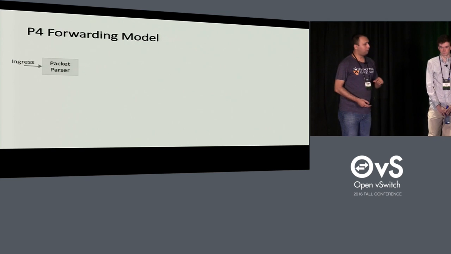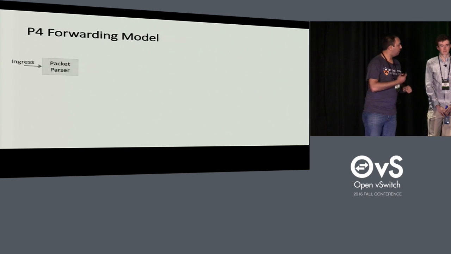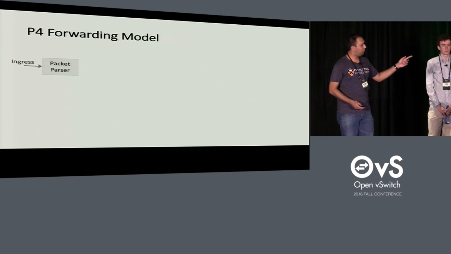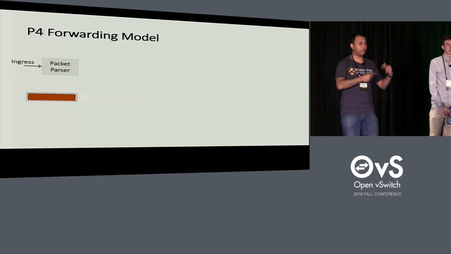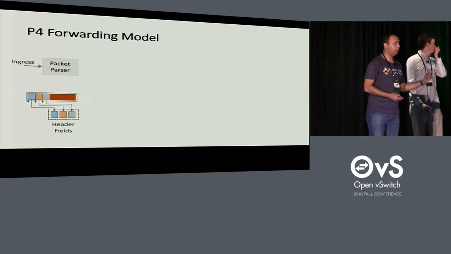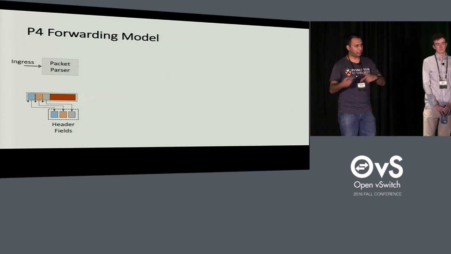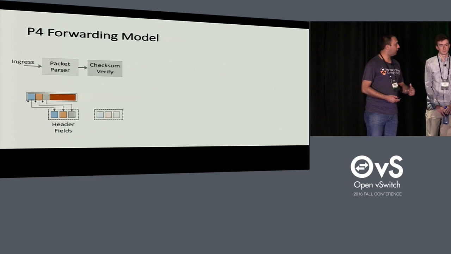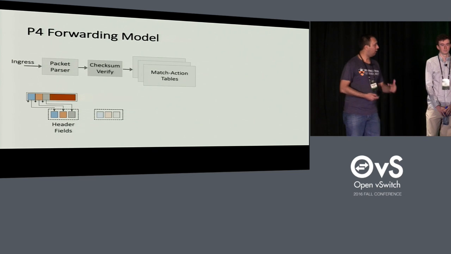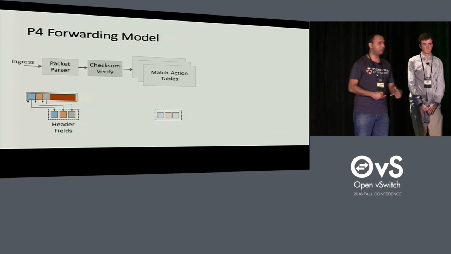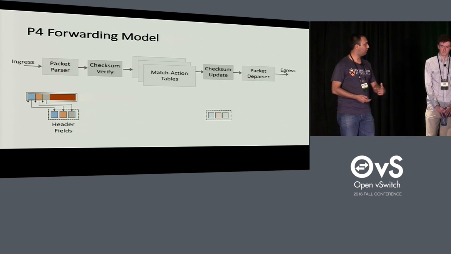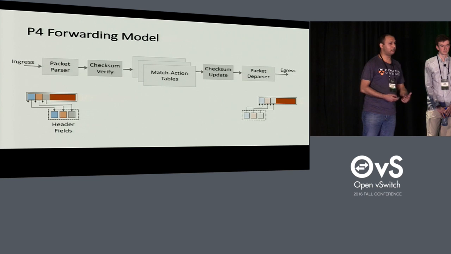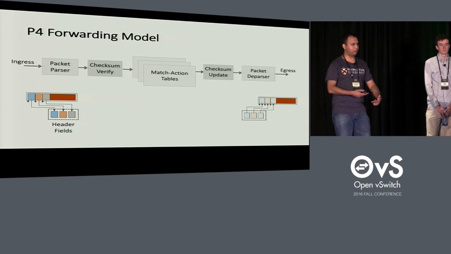First of all, I'll talk about the P4 forwarding model. In the P4 forwarding model, we have a packet parser that parses the packet. First it identifies the packet headers and makes a copy of the headers as header fields. Then there's a checksum verify that verifies the checksum, a match action pipeline that operates on the headers, a checksum update that updates the header of the packet itself, and finally a packet deparser that writes the headers back onto the packet itself.